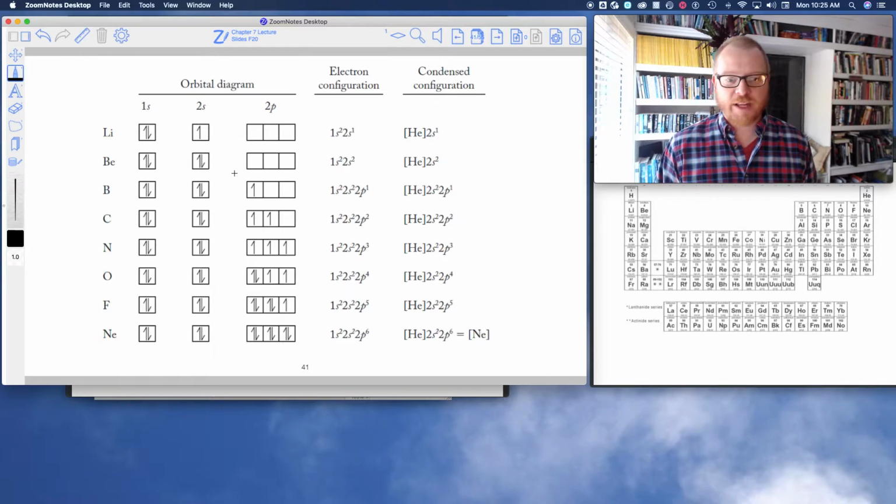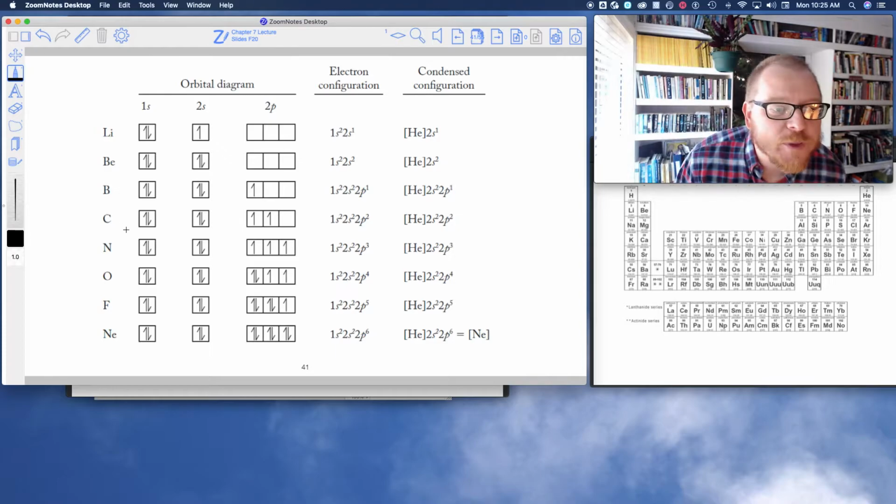Lithium and beryllium, we did those examples, 1s2, 2s2, which I could also write as helium 2s2. But now look what happens with boron. Boron, we get 1 extra electron, so we place it in that first 2p block. Okay? And now that becomes 1s2, 2s2, 2p1. Or I could write it as helium 2s2, 2p1.